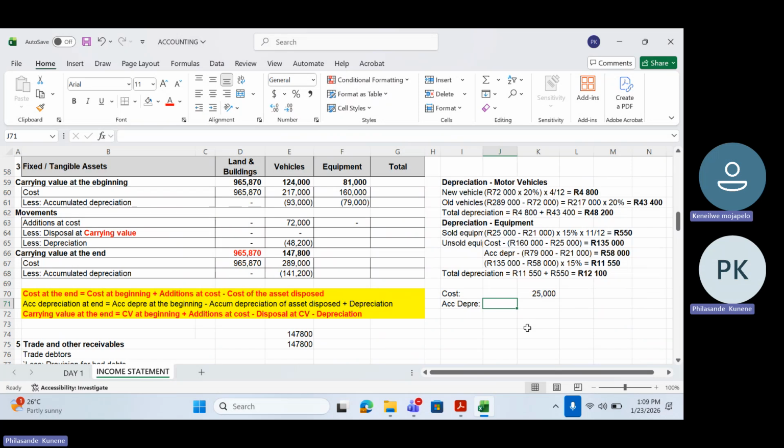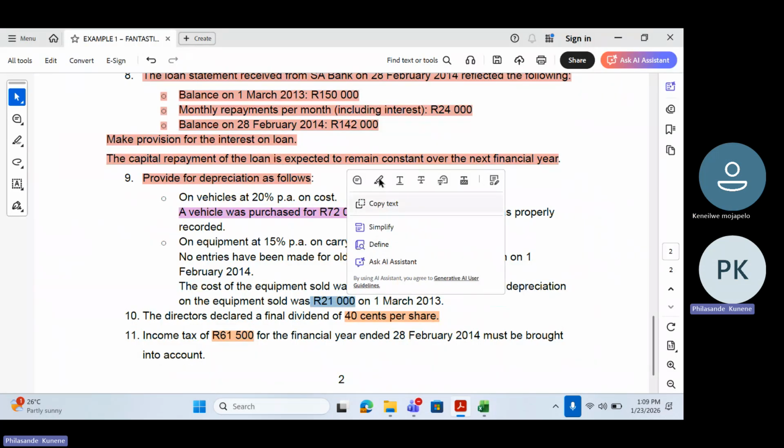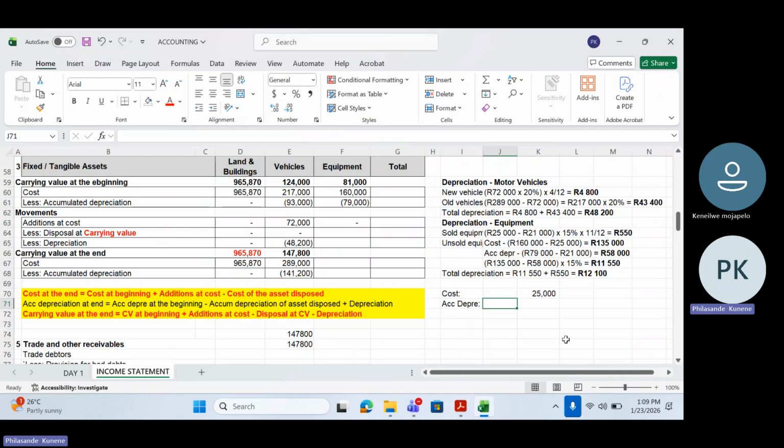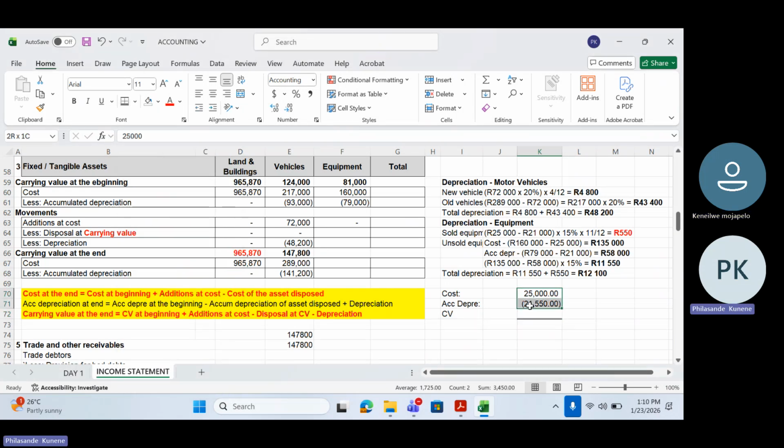The 21,000 is going to be this accumulated depreciation at the beginning, right? Very good. 21,000 plus this 550. So in total, we're going to have minus 21,550. So how much now is going to be the carrying value? 3,450. We're just getting the difference between the two amounts.